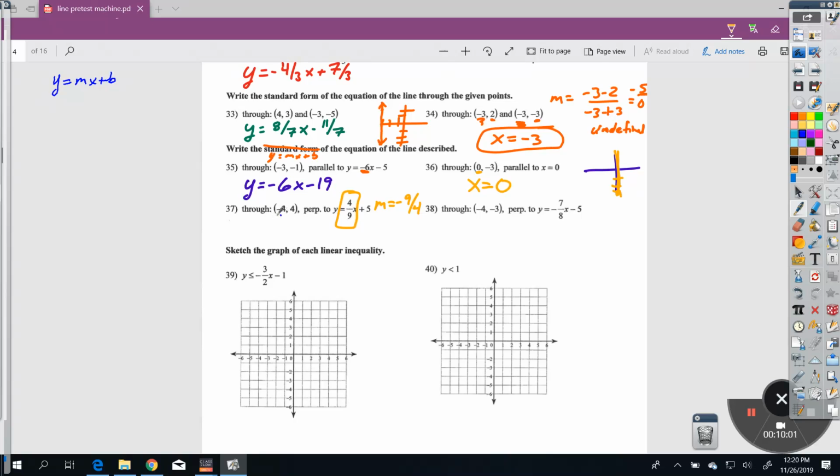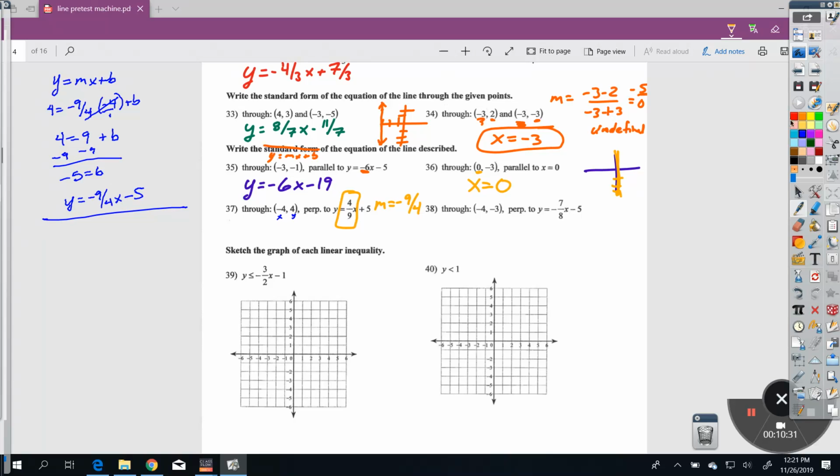I just plug these in for x and y. So 4 equals negative 9/4 of negative 4 plus b. So the 4's cancel off. So 4 equals 9, because the negative times a negative made a positive, plus b. Minus 9 minus 9, negative 5 equals b. So y equals negative 9/4 x minus 5.